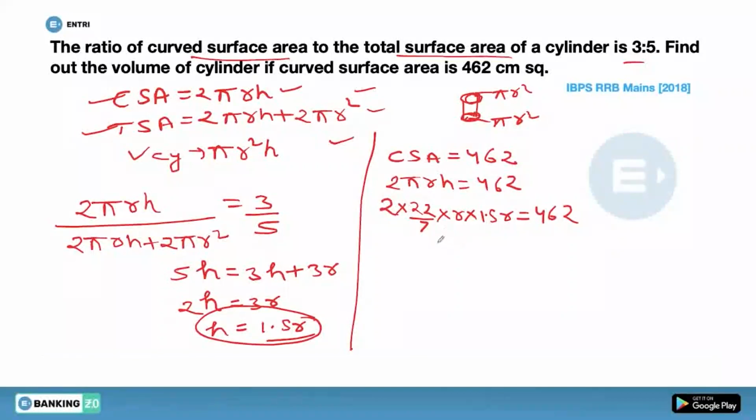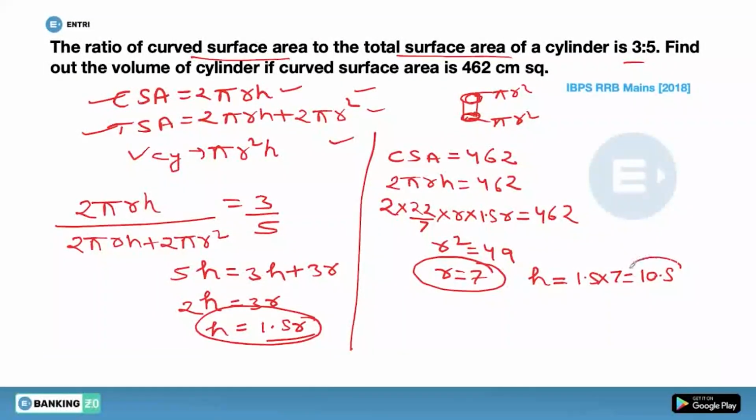Now I'll solve it and get r square as 49. That means r value is coming 7. Since I've got 7 here, I clearly know that h is 1.5 into r. That means 1.5 into 7, which is going to give me 10.5 centimeter.